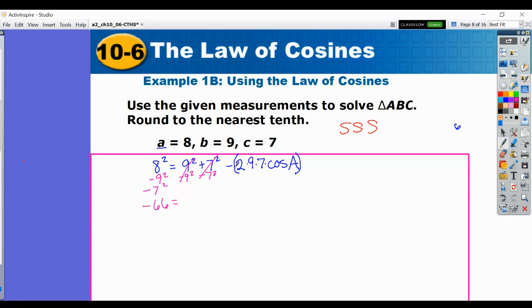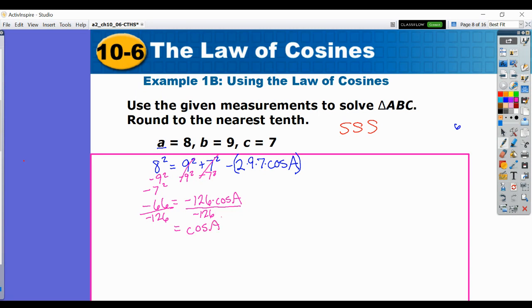Now I have a negative 2 times 9 times 7. 2 times 9 times 7 is negative 126 cosine of A. This is multiplication now, not subtraction. Keep that in mind. So how do you undo multiplication? You divide. So we're going to divide by negative 126.